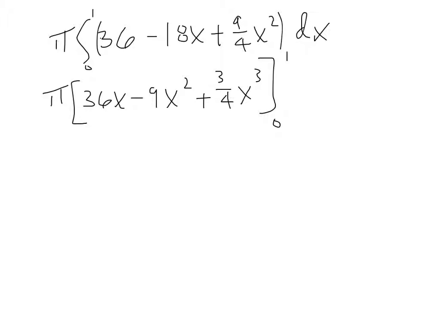And when we put 0 in each one of these terms, we're going to get 0 because each one of them has an x. So we really only need to worry about substituting the 1. So we have pi times 36 minus 9 plus 3/4. And 36 minus 9 is going to be 27, but we need to make fourths out of that.